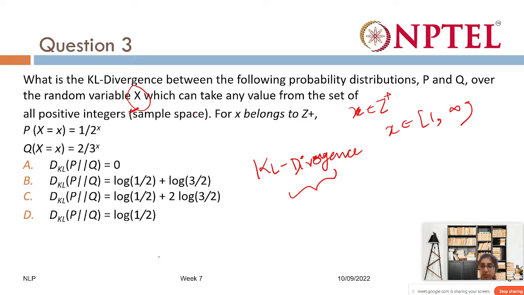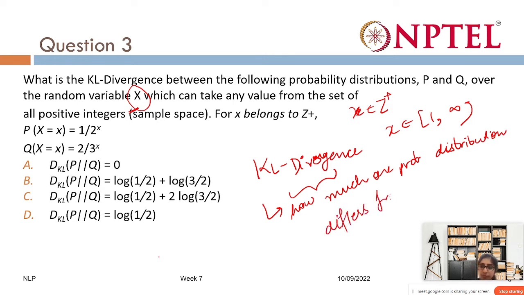So KL divergence is used to find how much one probability distribution differs from another probability distribution. Is it symmetric or asymmetric?